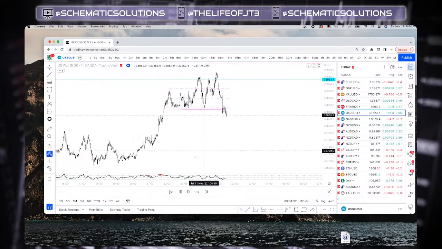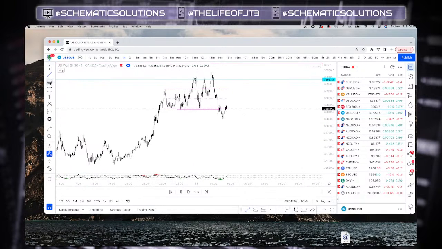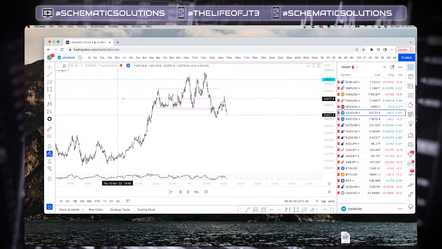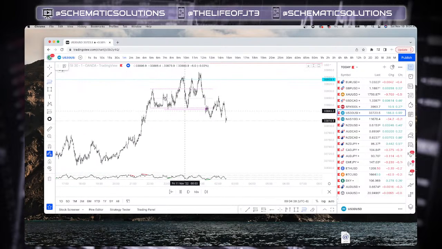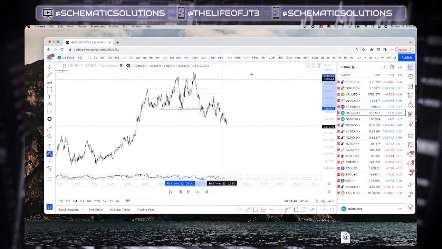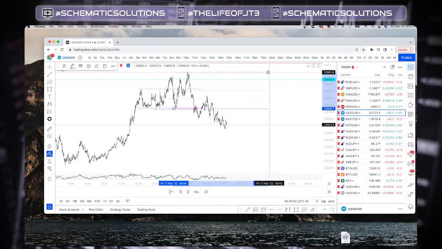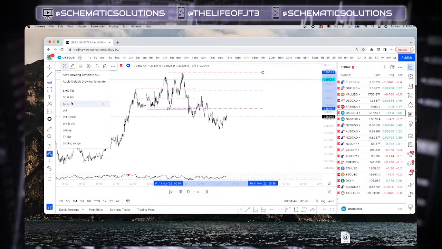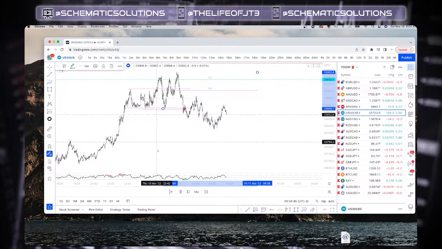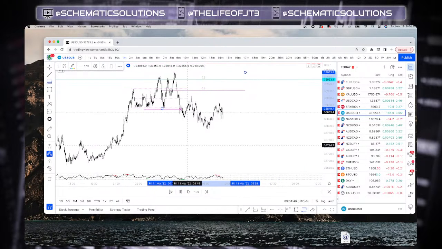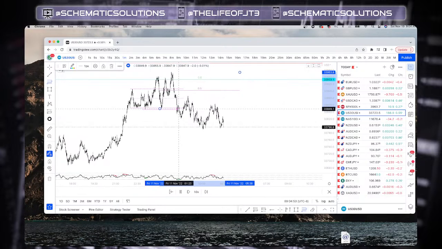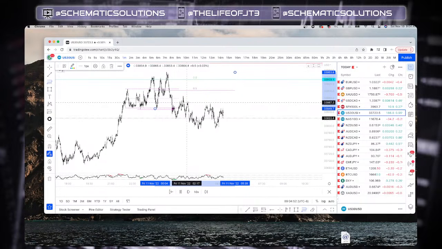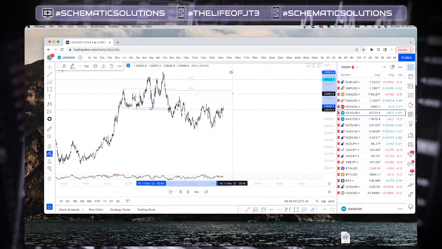So boom, we confirm. So at this point, what we can do is measure out our last drive, and that's that right there. I want to place risk off of ideally 80%, and we could throw risk at 50% too.